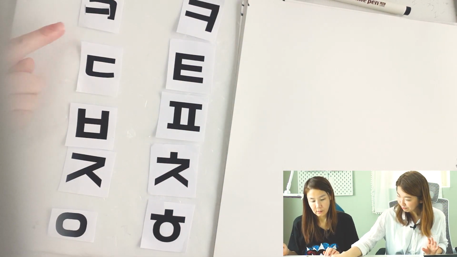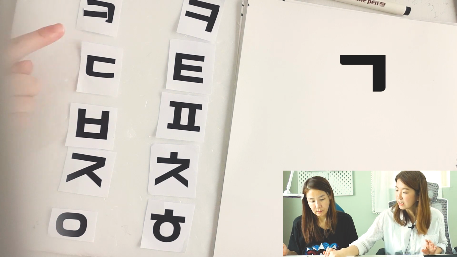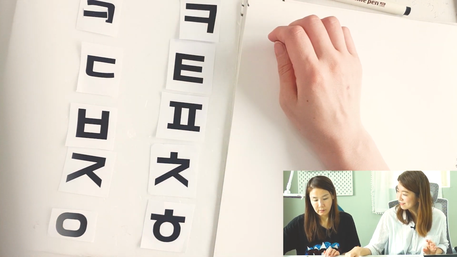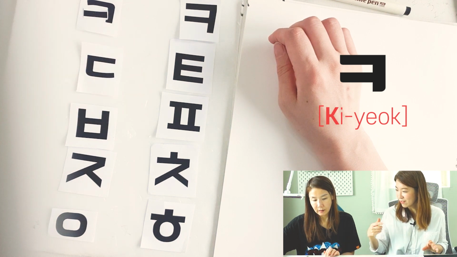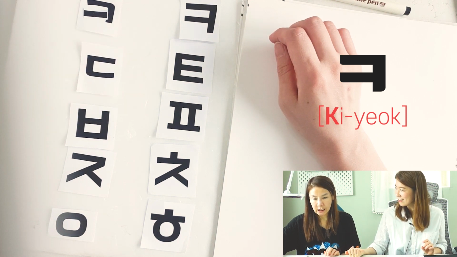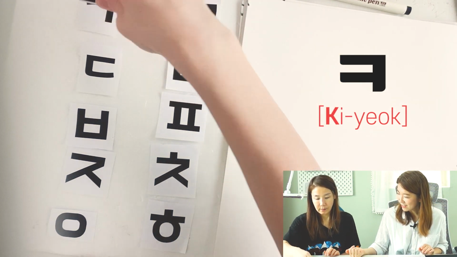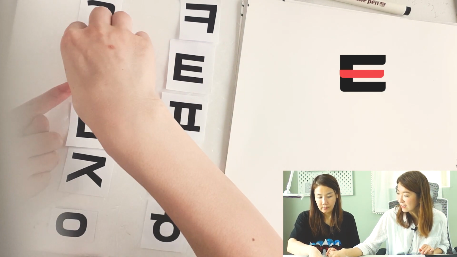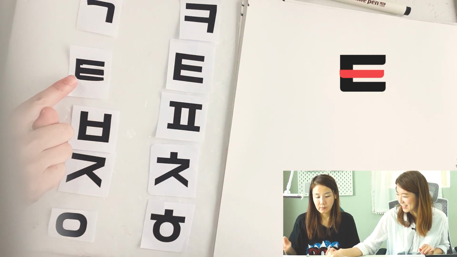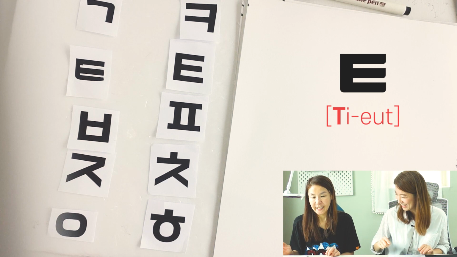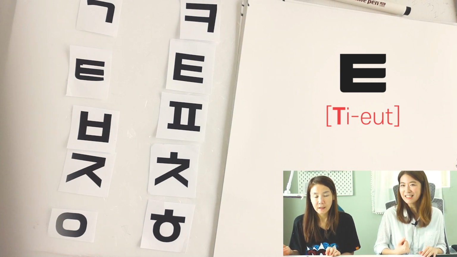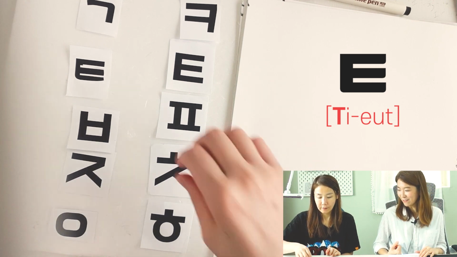So for example, when you add a line on 기역 like this, it becomes 키역, and it has a K sound in English. And for 티귿, if you add another line on it like this, it becomes 티읕, and it sounds like a T sound.